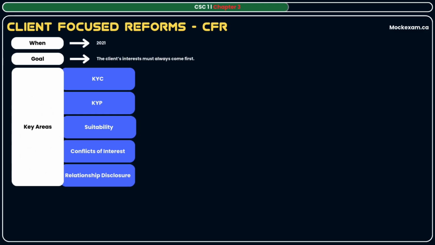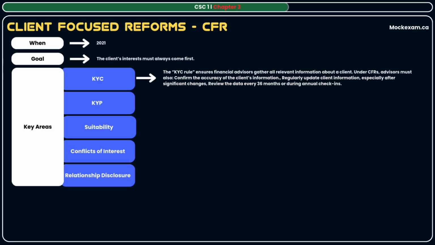Let's start with KYC. We talked about this in a previous lecture: the KYC rule ensures financial advisors gather all relevant information about the client. Now, under CFR, advisors must also confirm the accuracy of clients' information.